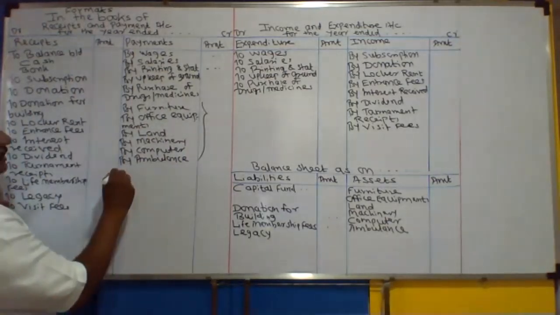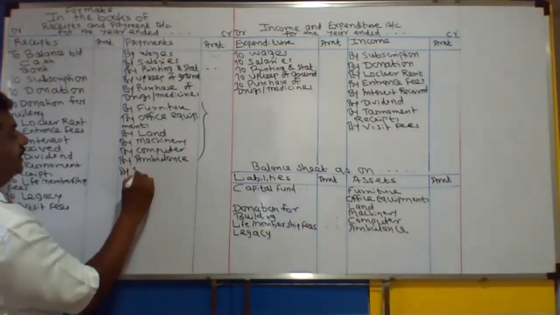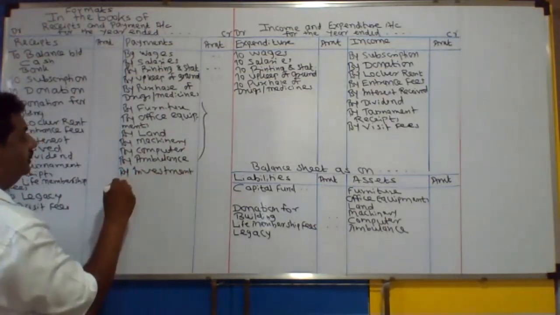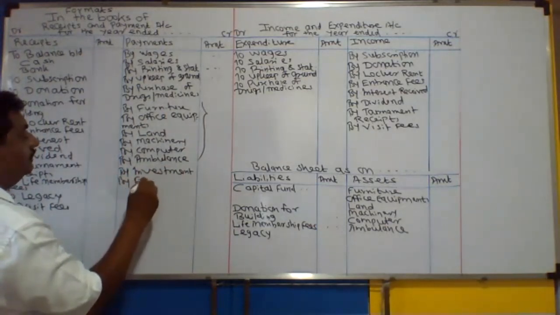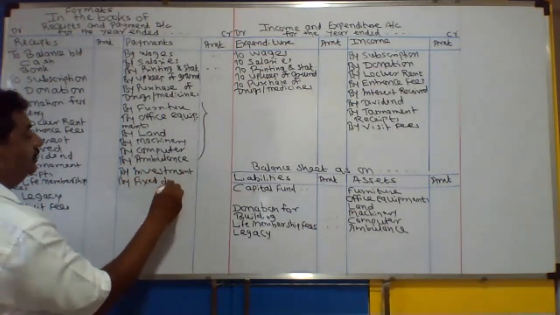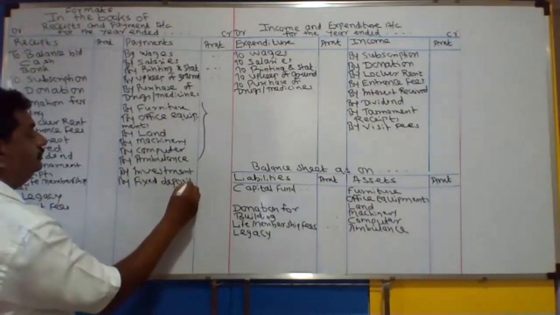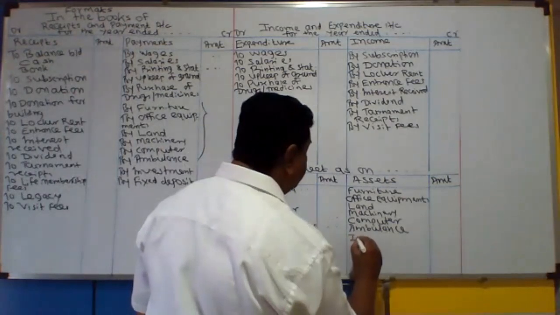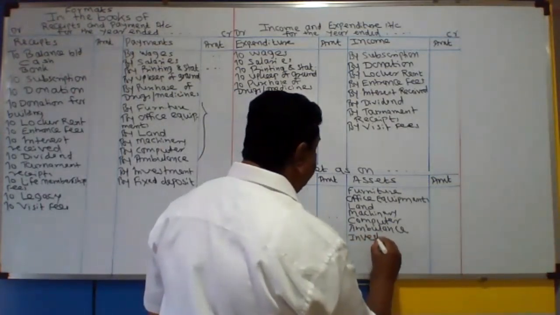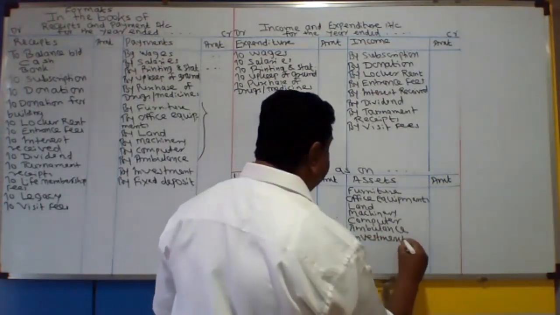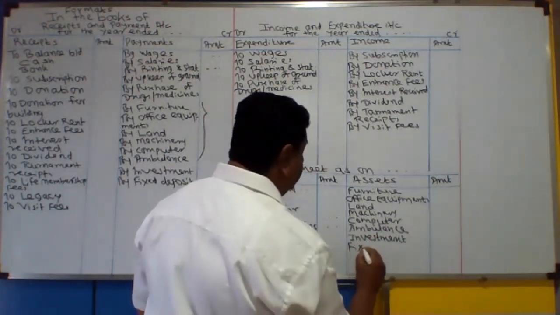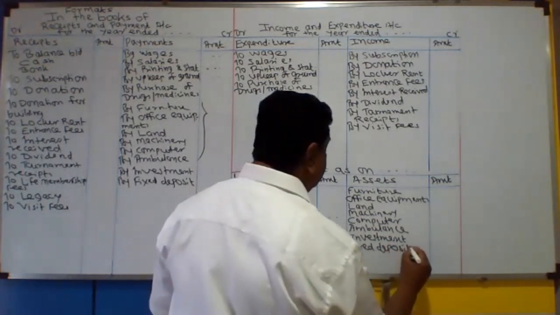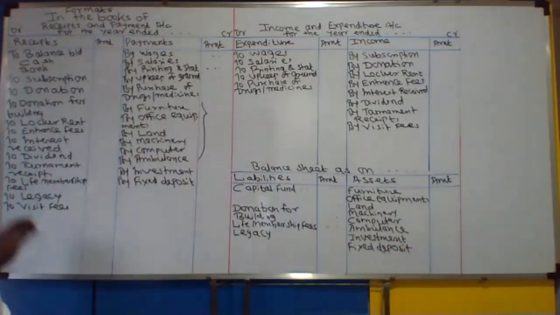Then by investment in fixed deposit, by investment, any kind of investment, by fixed deposit. This is to be recorded in balance sheet assets. Investment, fixed deposit. Okay.